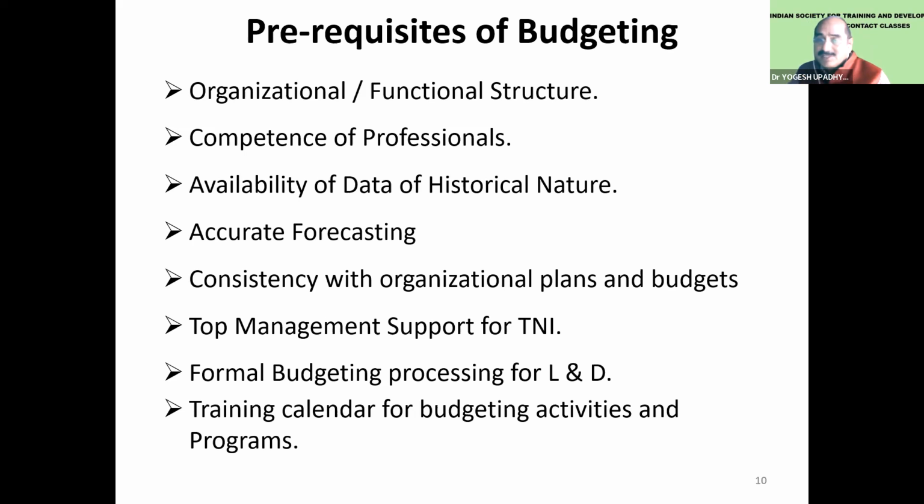So there has to be a system, and at the same time with the system there has to be a functional structure. In functional structure, there is a finance head, there is a CEO, and the finance head is provided data by others. Like the training budget, unless the training department provides input to finance, he will not be able to.